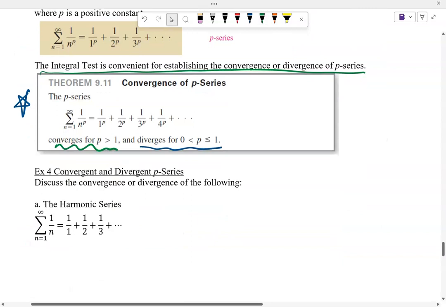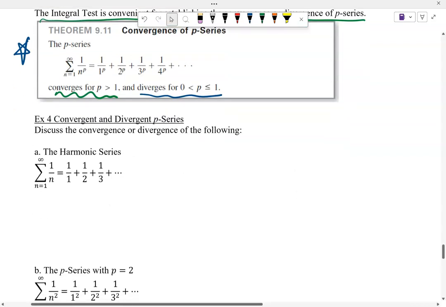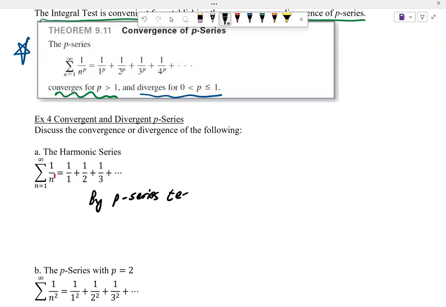So we'll use the p-series test instead. Here we've got the harmonic series, right? Our p here is 1, 1 over n to the 1 power. So since p is less than or equal to 1, by the p-series test, as long as it's less than or equal to 1 and greater than 0, it must diverge.